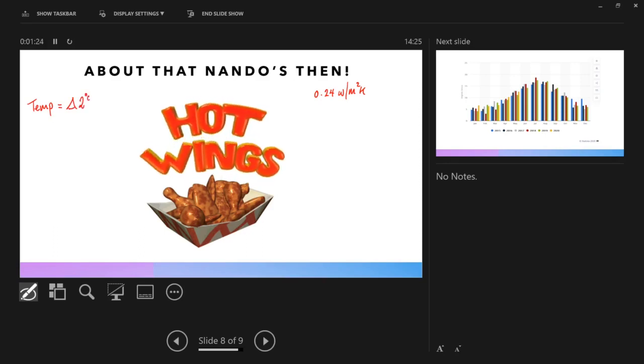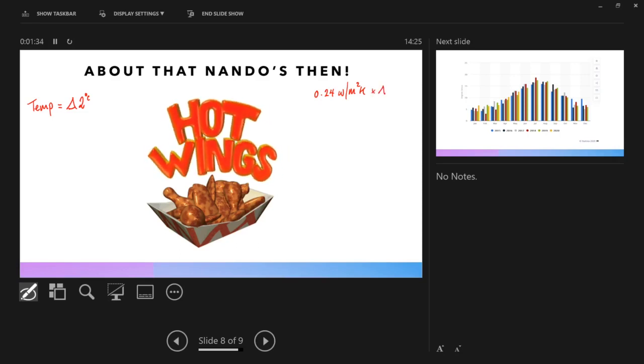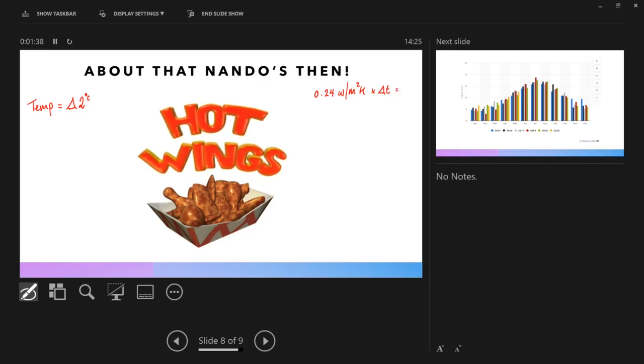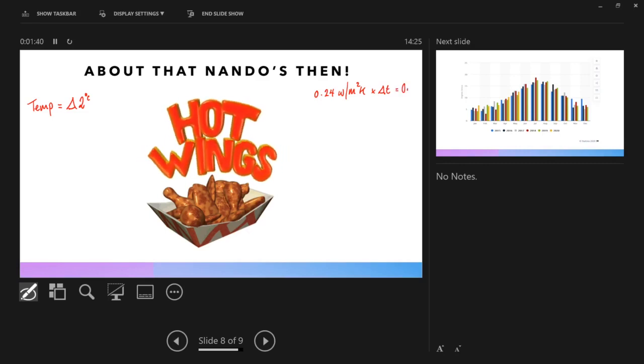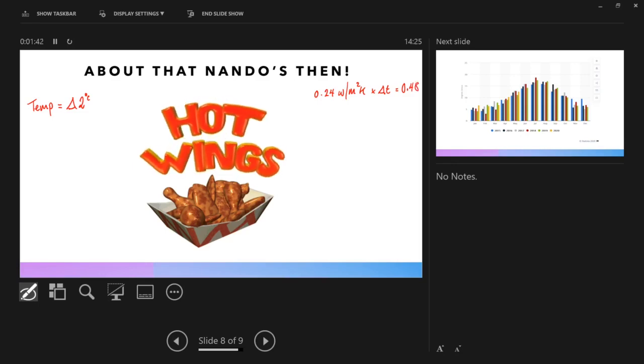So we've got 0.24 watts per meter squared times delta T equals 0.48.